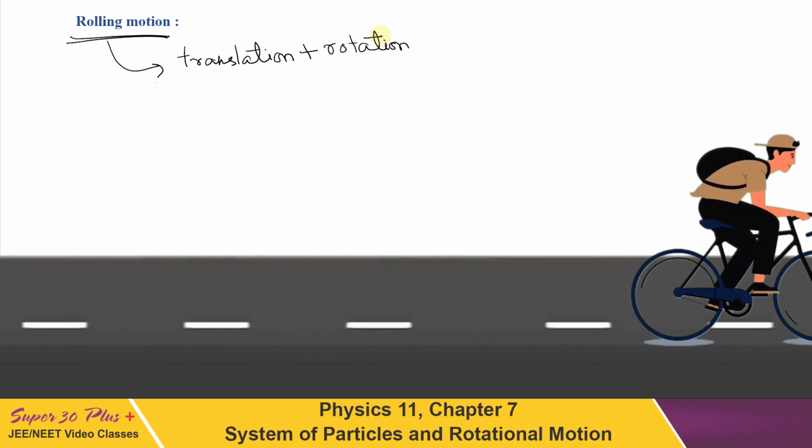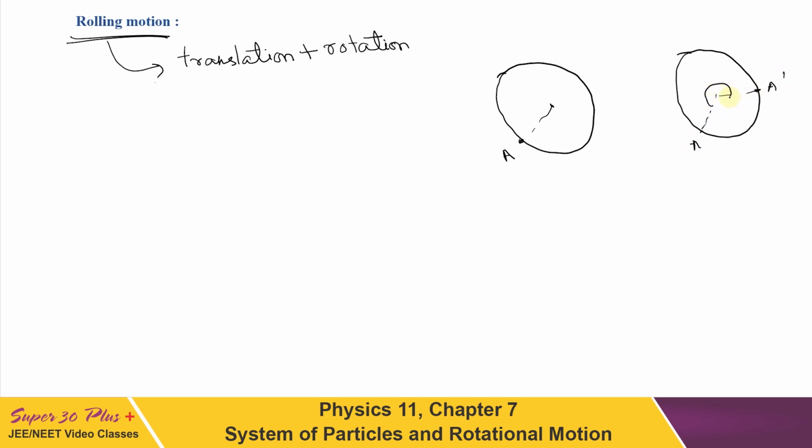Now in general, consider the motion of a rigid body which is rolling. At any given instant, let A be the point here, and after some time this A has come to this location, which I am denoting by A dashed. Earlier this was the position of A, so it has turned by this much angle, let that be theta.